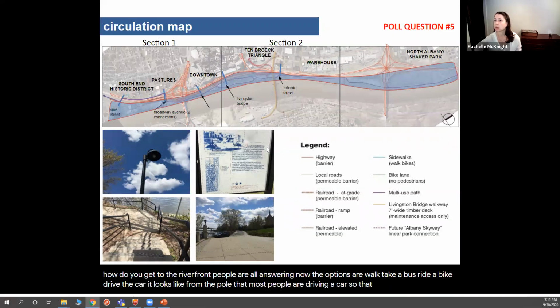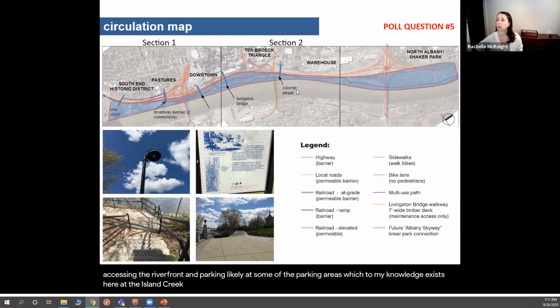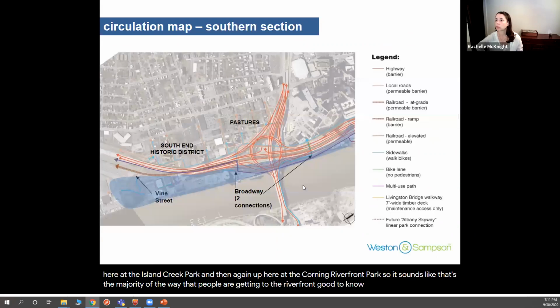So that means they're accessing the riverfront and parking likely at some of the parking areas, which to my knowledge exist here at the Island Creek Park, and then again up here at the Corning Riverfront Park. So sounds like that's the majority of the way that people are getting to the riverfront, which is good to know. So just moving through here, just to sort of zoom in to some of these connections.